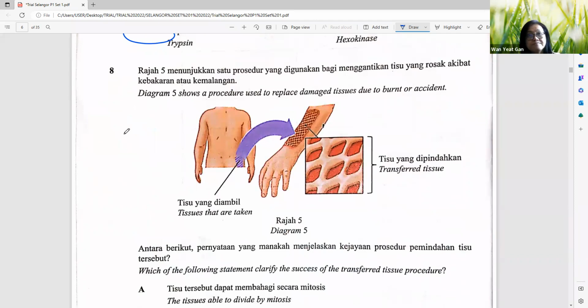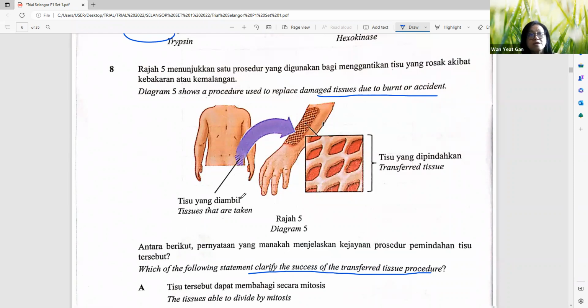Number 8. Diagram 5 shows a procedure used to replace damaged tissue due to a burn or accident. The tissue is taken from part of the body and transferred to the part that is burned. Which of the statements clarifies the success of the transferred tissue procedure?